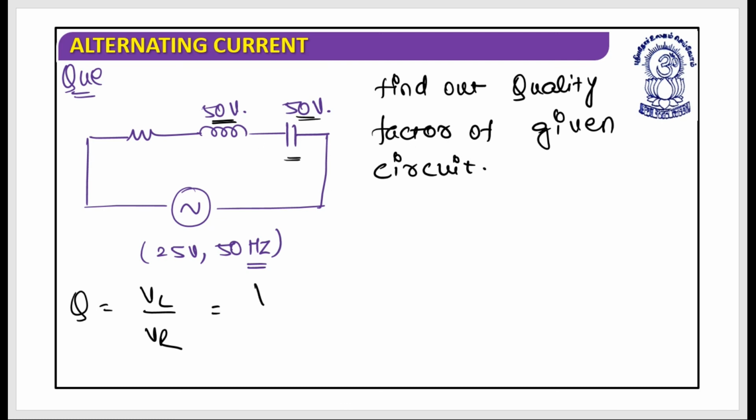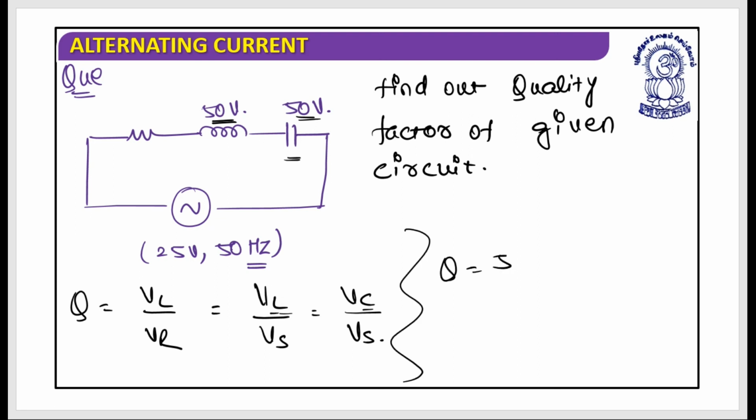So this can be written as VL by V of the supply, or VC by V of the supply, because at the time of resonance VL and VC are equal. So the quality factor is equal to 50 volt divided by 25 volt, which is equal to 2. Sorry, it's a number.